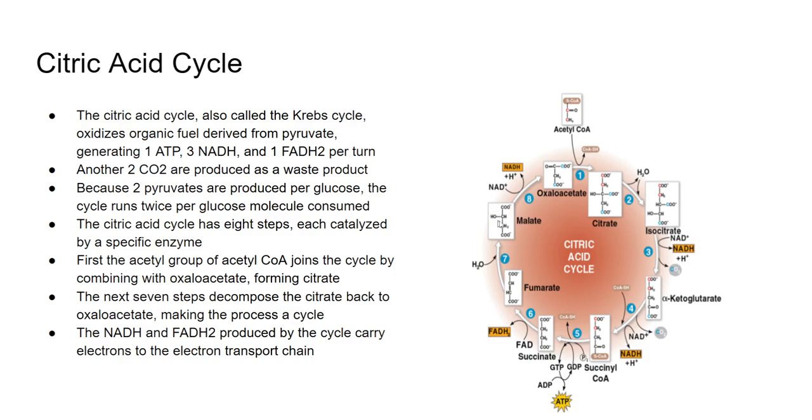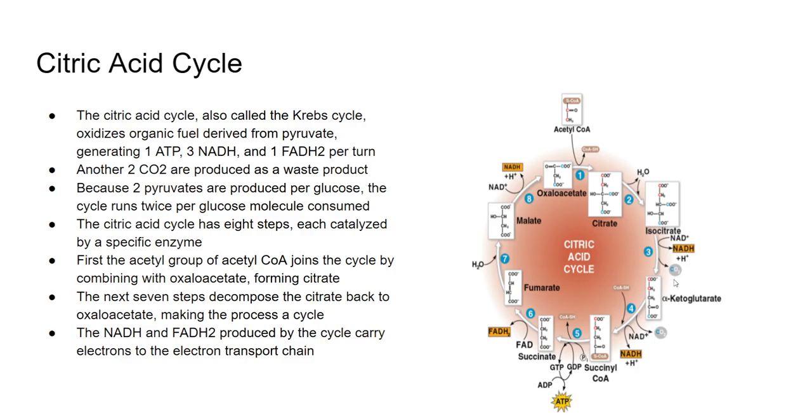And then we see a similar situation here. We're going to take an electron and give it to NAD+ to create NADH to give us oxaloacetate. And now the second pyruvate is going to come in and repeat the cycle all over again. So to summarize, in a citric acid cycle, per turn, we produce 3 NADH, 1 FADH2, 1 ATP.